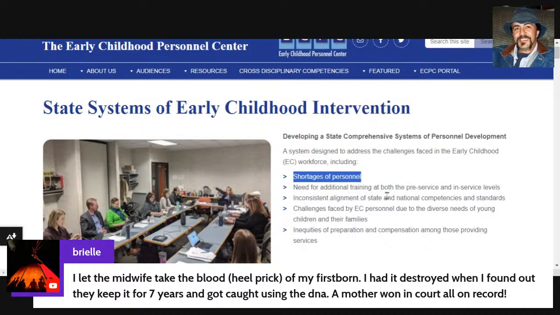Inconsistent alignment of state and national competencies and standards. Challenges faced by EC personnel due to the diverse needs of young children and their families. Inequities of preparation and compensation among those providing services.